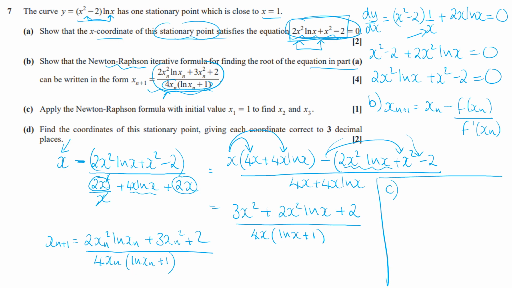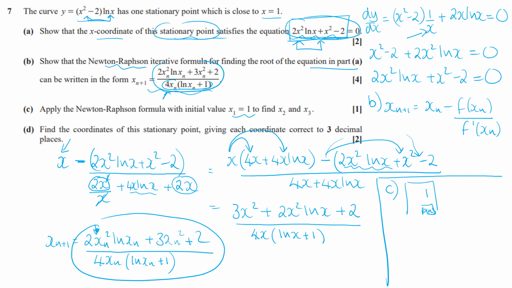Apply Newton Raphson with your initial value x1 equal to 1. So on our calculators, if we just type in 1 and then equals, it should put 1 in the bottom right hand part of the screen, and then type in all of this iterative formula, but wherever you see the xn, you type in the answer key, which is down at the bottom, and then each iteration it will feed in the previous answer.